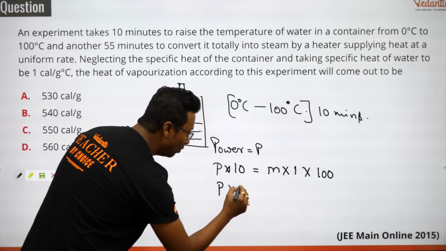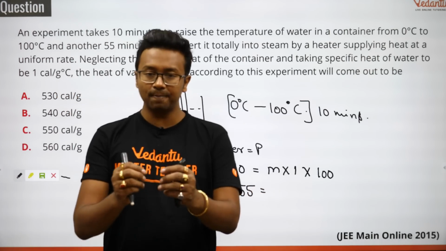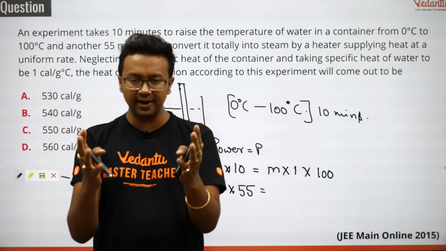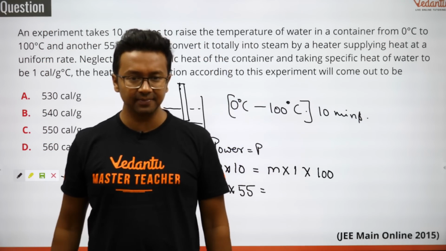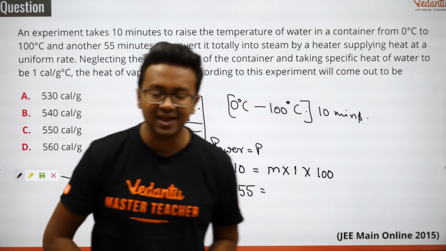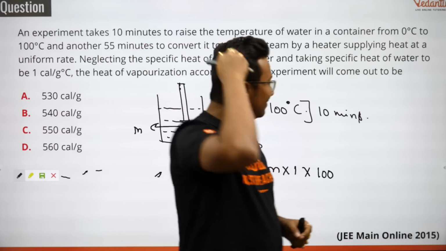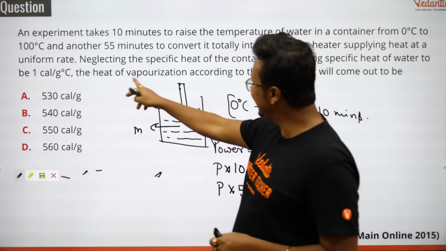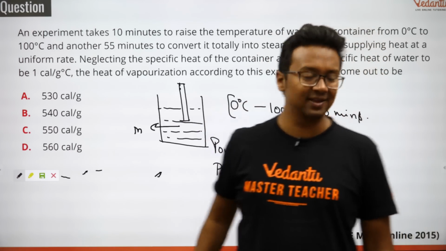same heater working for 55 minutes is going to evaporate all the water into steam. Are you getting it? 550 is the answer. But what happens, I'll tell you, when they ask us about the latent heat of vaporization, the mind quickly goes to 540.